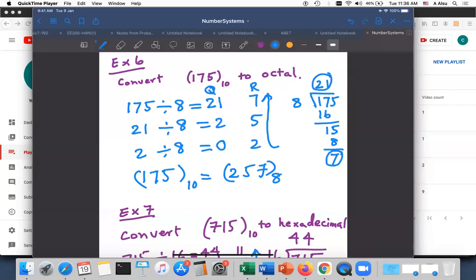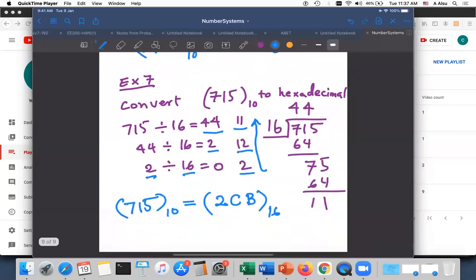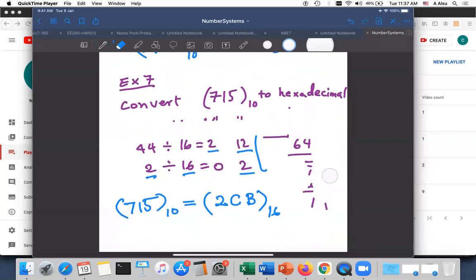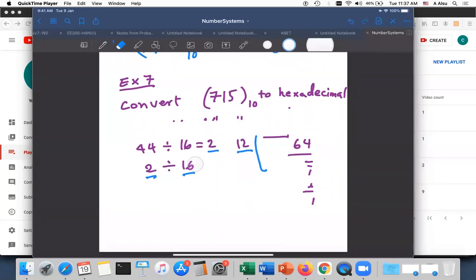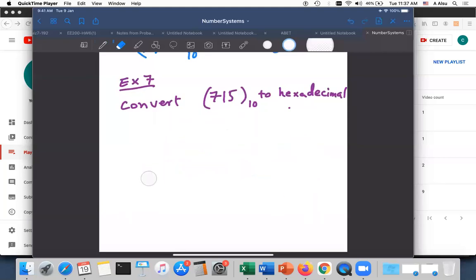Now we are going to do a hexadecimal example. We would like to convert 715 to hexadecimal.